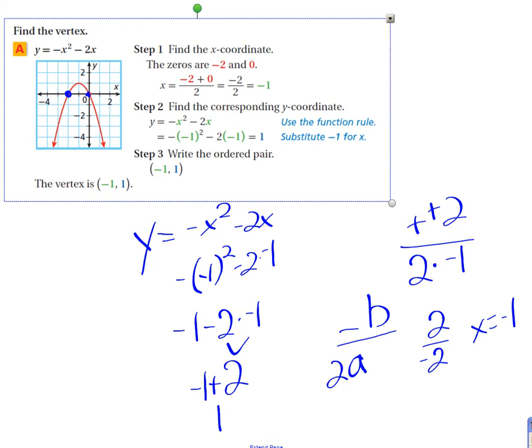So when x is negative 1, y equals positive 1, which means our vertex is at the coordinates negative 1, 1. And could we have totally figured that out just by looking at the picture for 2 seconds? Yes, because it's right here. But what are we assuming? That we're not going to get a picture.